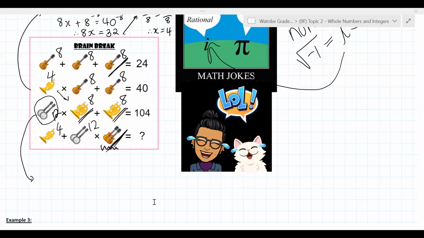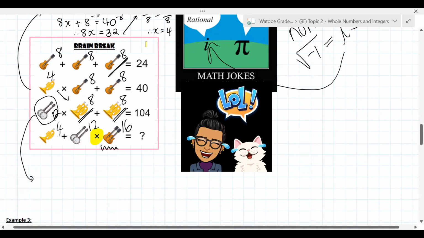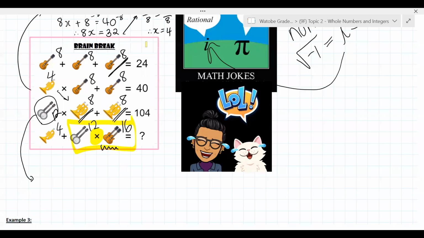Well done. Okay, so guys, Clement helped us out because this was the only bit of information that we were missing here, in that the 2 guitars together are then 16. Now, what we need to be careful of when we are doing this is that multiplication has to happen first. So according to BEDMAS, we need to multiply first in order to get our answer.